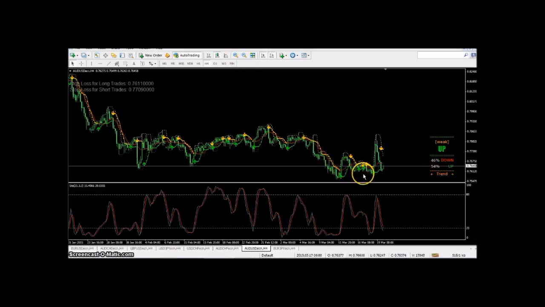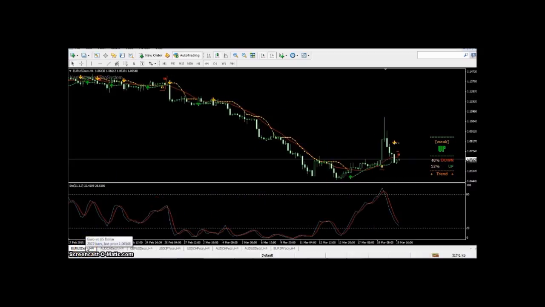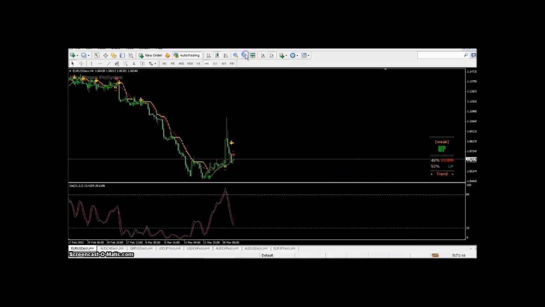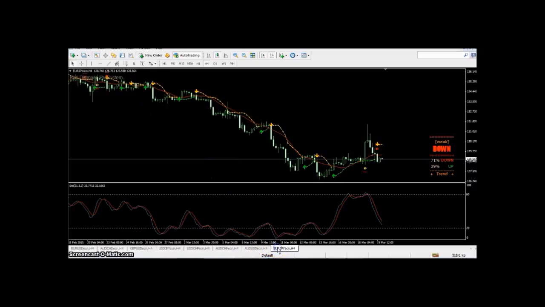You see, it was in consolidation mode. This is the Australian dollar USD, and it's real similar looking to the Euro USD. Okay, some of these go in the same patterns, and here's the Euro Japanese yen.